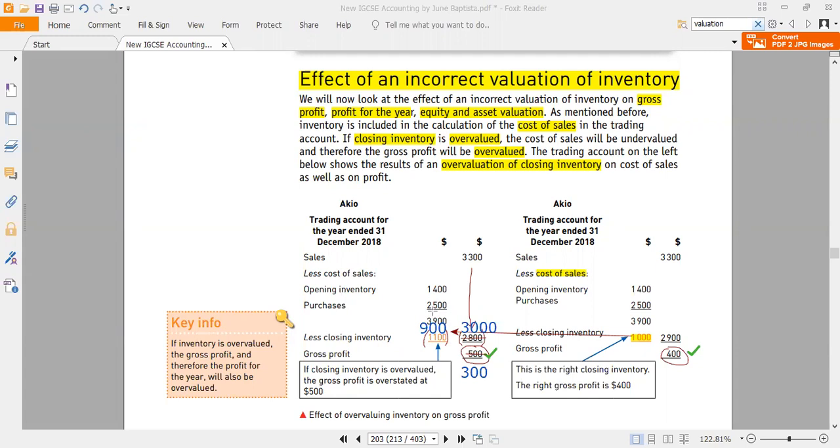But if your closing inventory decreases from 1000 to 900, your profit also decreases. I think it's clear to you. Yes, sir. Okay.